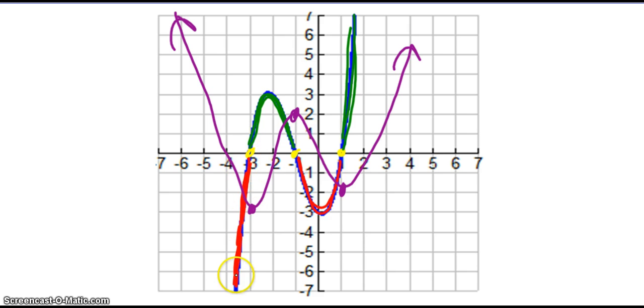When the derivative was negative, the function was decreasing. When the derivative is positive, the function was increasing. There are other things that we'll learn about when we learn about the second derivative, but for now, the best we can do is just have the correct increasing and decreasing, and the correct x values of a maximum or minimum. I don't know necessarily if this point was here, or this point could have been way up here maybe. I don't know that for sure, but I know that there was a maximum at that point.